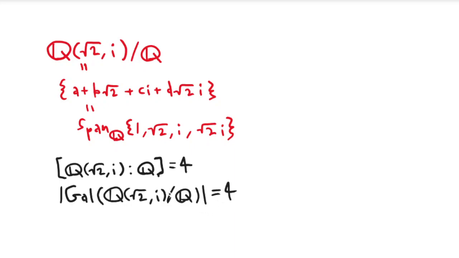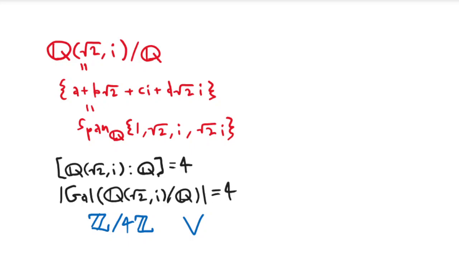Okay, but already we're running into problems because there are 2 groups of order 4. Like the last example, we had Z mod 2Z. Well, now there's Z mod 4Z. But there's also the Klein 4 group. So these are the 2, up to isomorphism, groups of order 4.